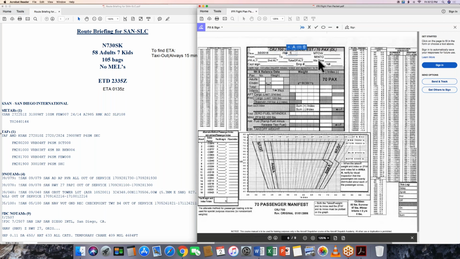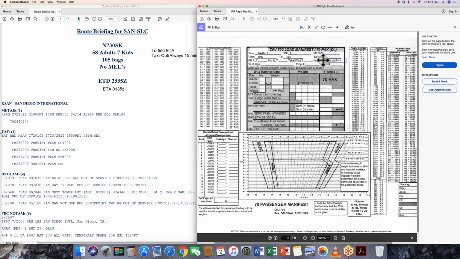Flight number 1. We don't know our MTO yet. We're going from San Diego, going to Salt Lake City. Don't know our fuel at all. We don't need an alternate, so we're not even going to worry about any of those.